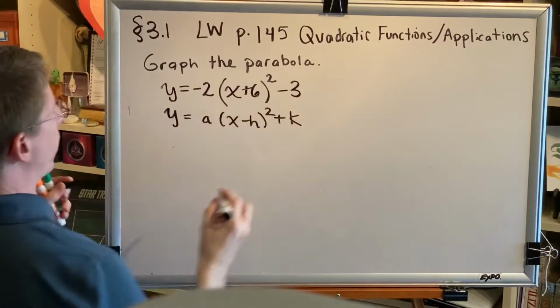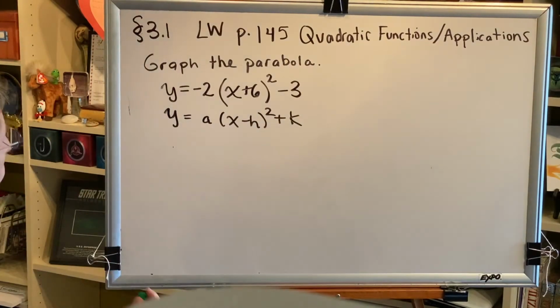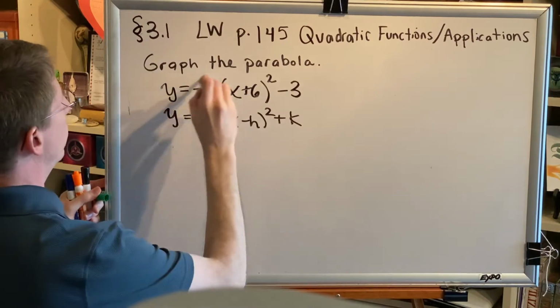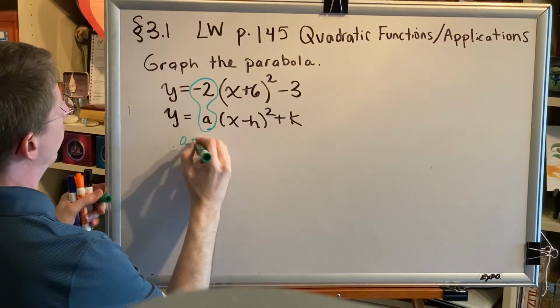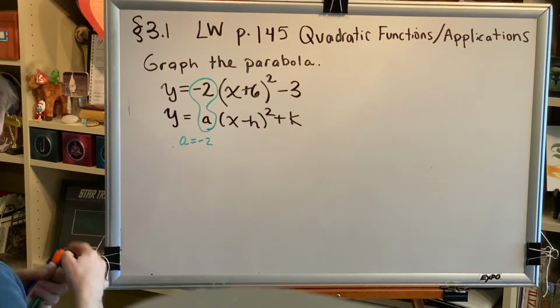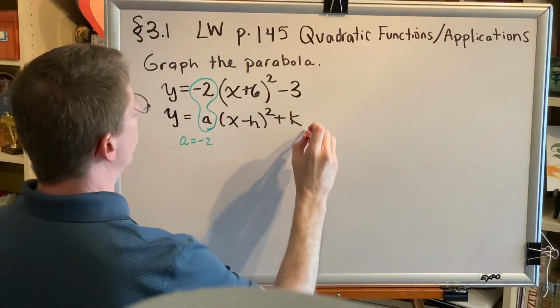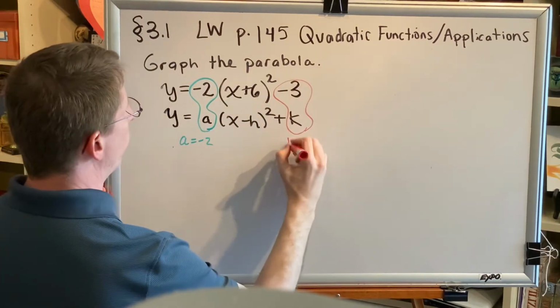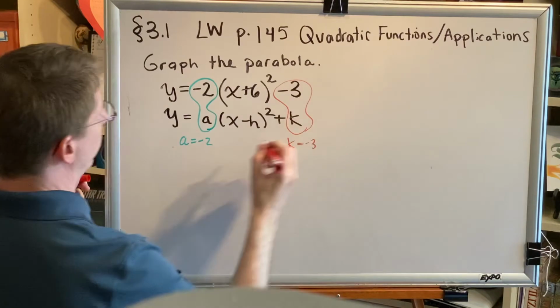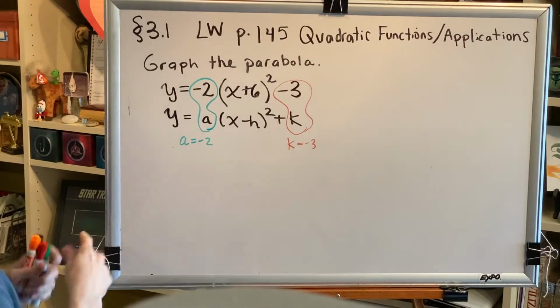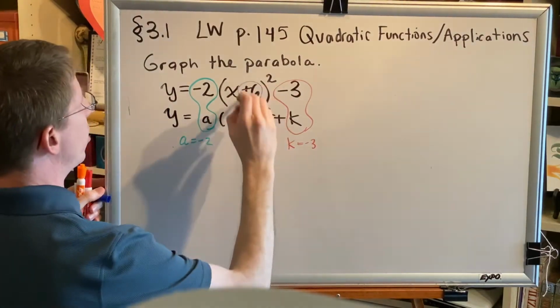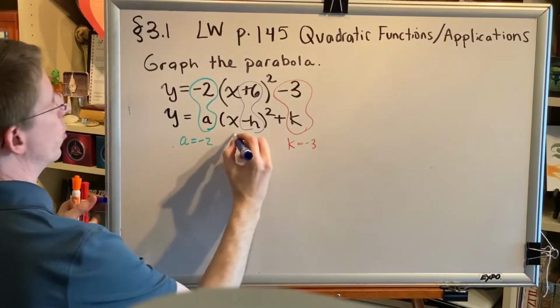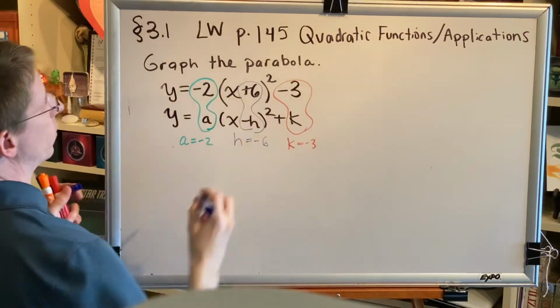I'll write my vertex form beneath. All right, a equals negative 2. k equals negative 3. Negative h equals positive 6, so h equals negative 6.